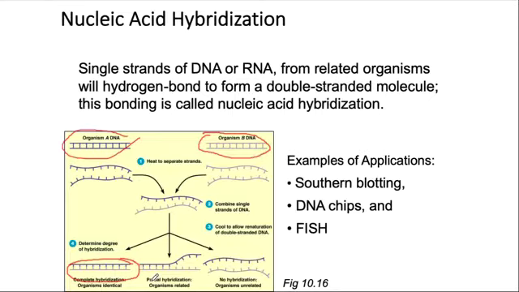If there is partial hybridization, so that some parts of it bind together but not others, then they are related, and based on that we'll determine how closely related they are based on the level of binding. But if there is no hybridization, it means they're totally unrelated. So that's one example that is also used, and it's employed in Southern blotting, DNA chips and FISH.